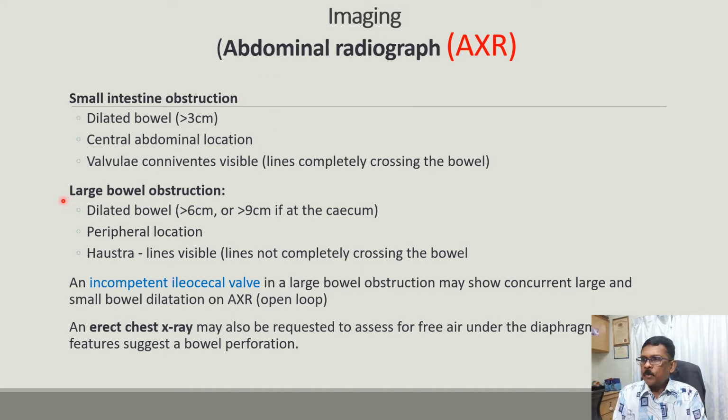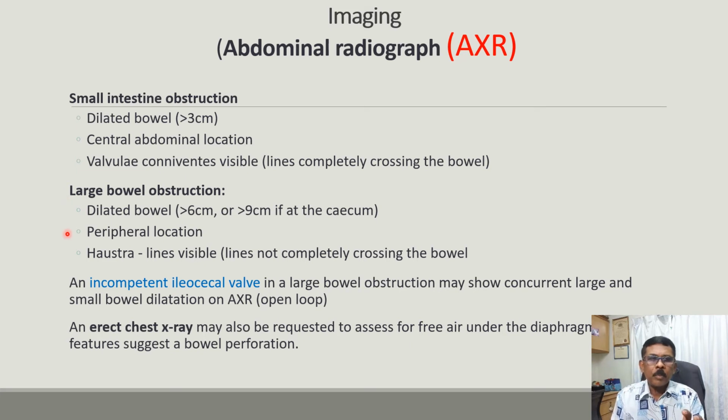In the large bowel, you will see a dilated large bowel, and a large bowel of more than 6 centimeters in diameter is considered dilated, and for the cecum it is 9 centimeters in diameter.